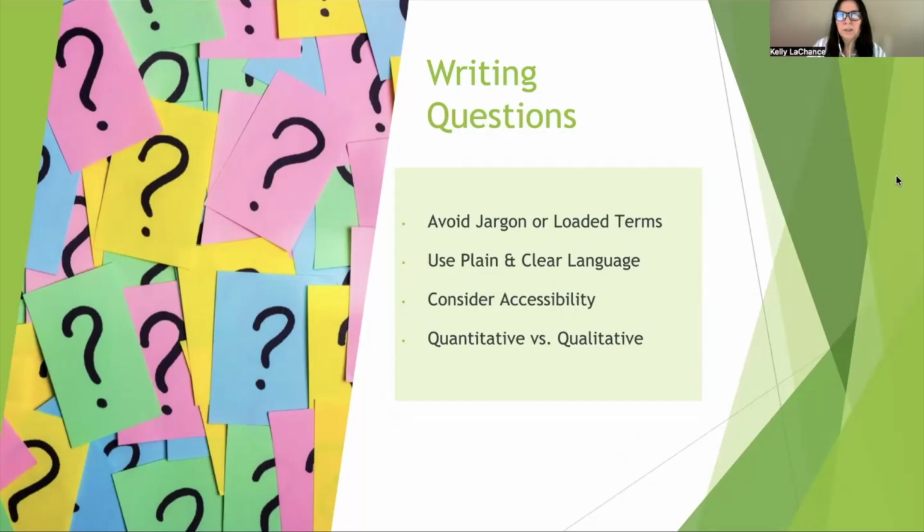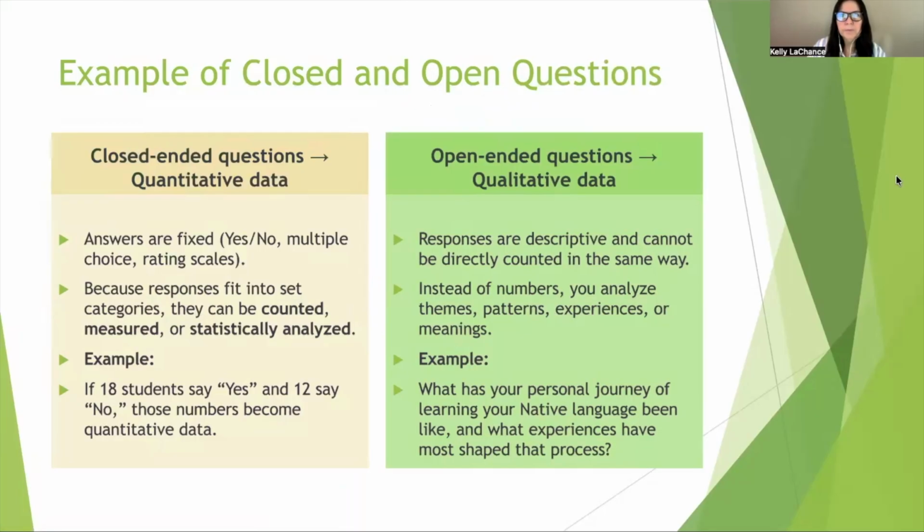So these are all things to consider in writing your questions. Here are some examples of closed and open questions. So let's take a look. For quantitative data, here are some closed-ended questions to look at.